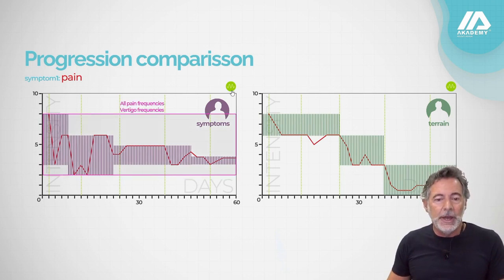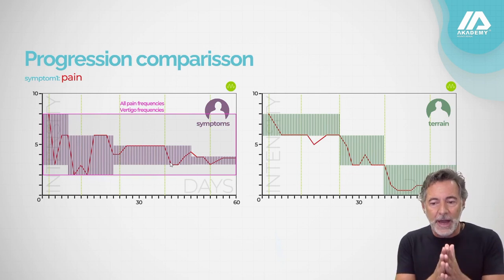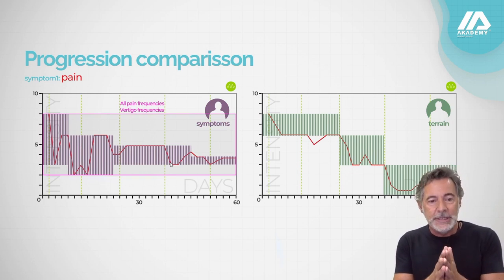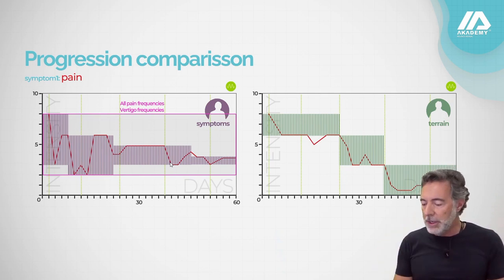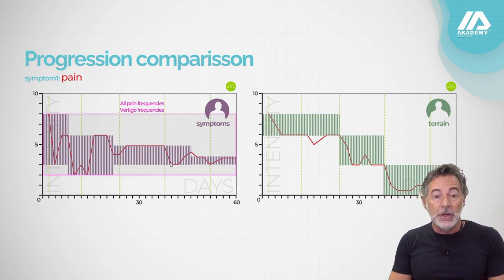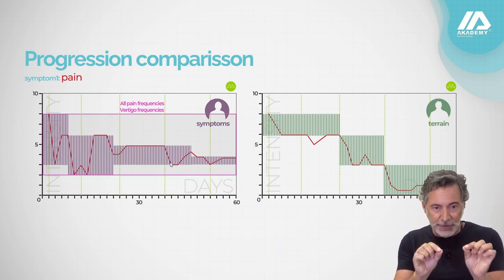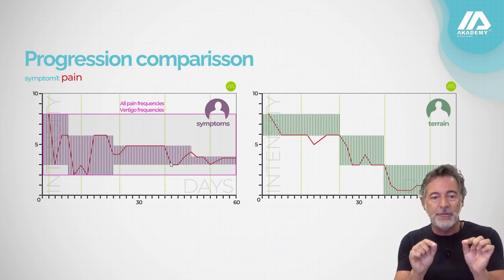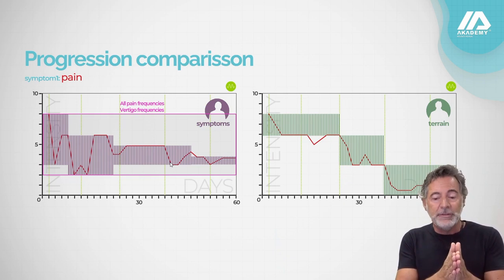Now, okay, here what we did all the time: we did frequencies for pain and vertigo, because in our frequencies in Time Waiver, you have these frequencies, right? Frequencies for pain and frequencies for vertigo. So what we did is use only those frequencies, okay?